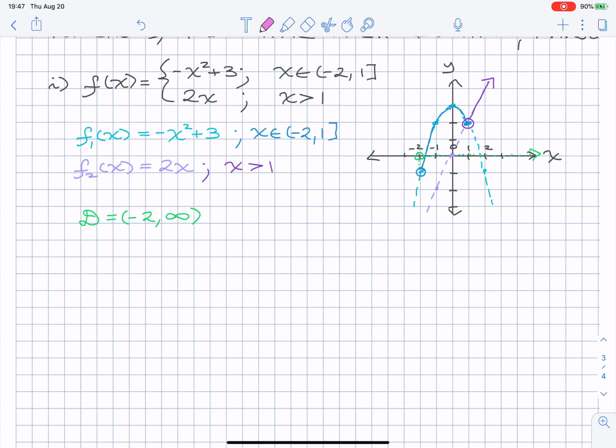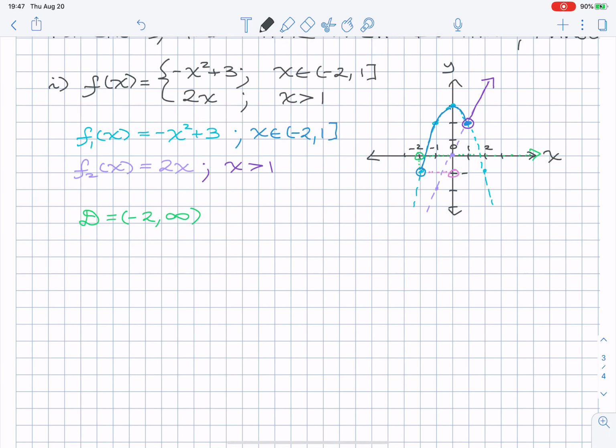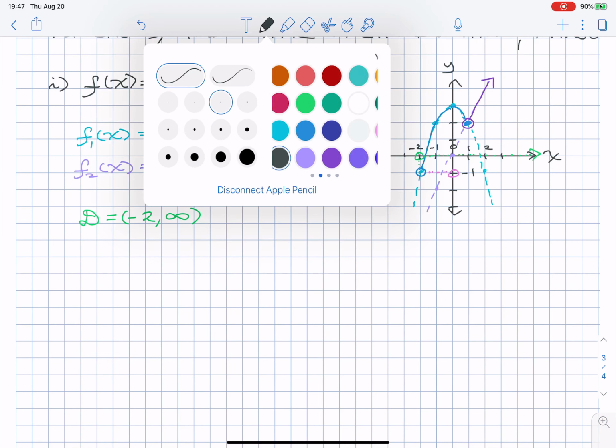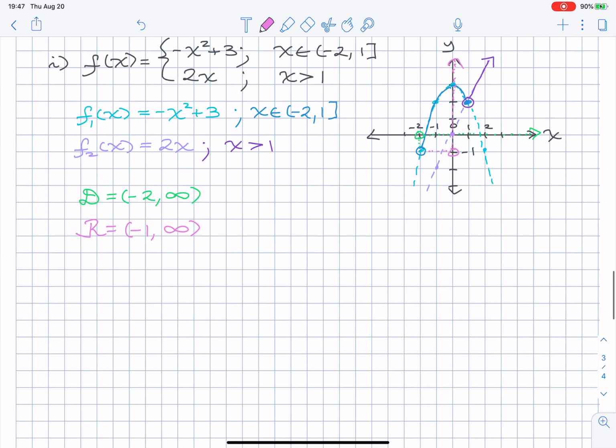Whereas the range looks like it intersects here at negative 1 on the y-axis, but if I look at the shadow, it appears to shade everything upwards. So I claim that the range of this function is not including negative 1, but everything above it. Okay, so hopefully that's making sense. Actually, let me move this over. Don't need to use that much room.